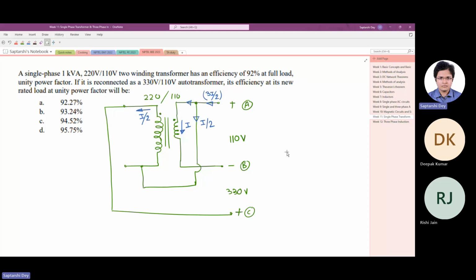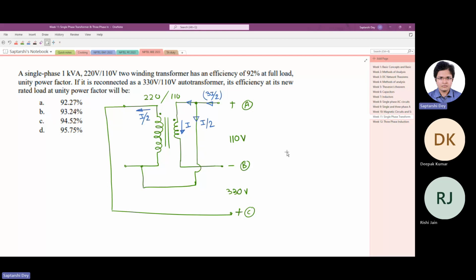Now see, when we found out how much is the new kVA of the transformer, we told one thing, that the voltage rating and the current rating of the transformer is not crossed. That is, if you look from the winding point of view, even if you are connecting the transformer as an auto transformer, the windings still see the rated currents flowing through them and the rated voltage across them.